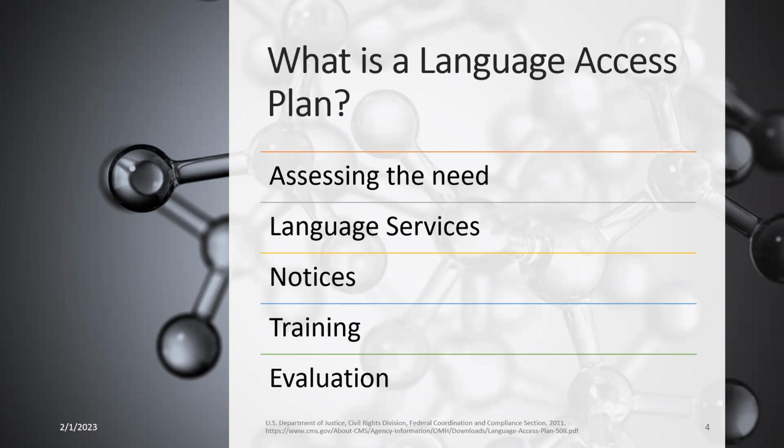And this may include the number of individuals with limited English proficiency, the places in which consumers with limited English proficiency interact with the organization, and ways in which each of these people will interact with our staff members.